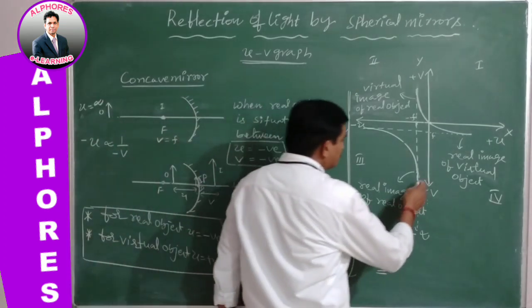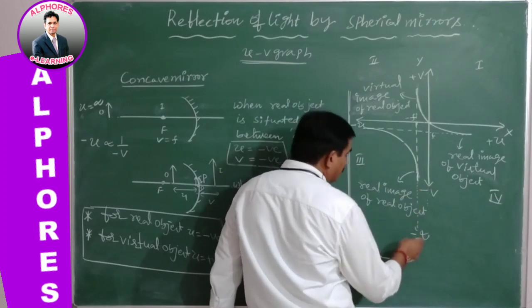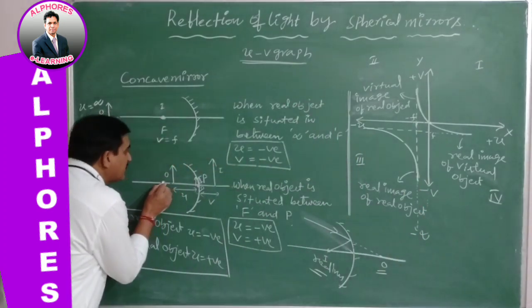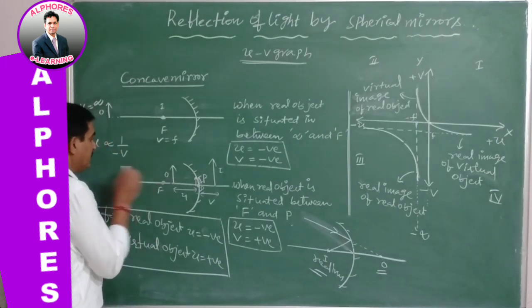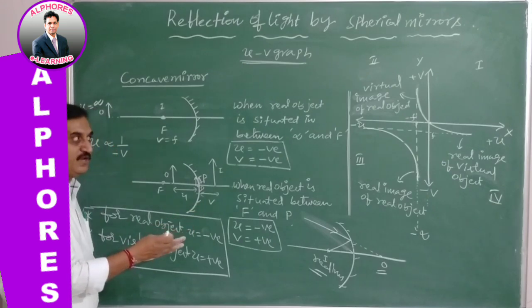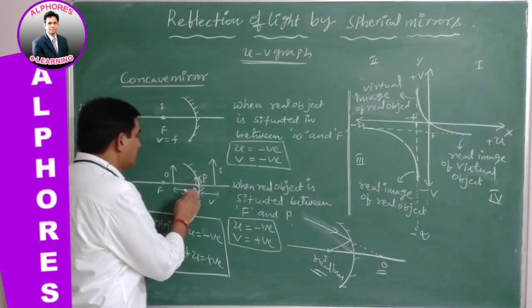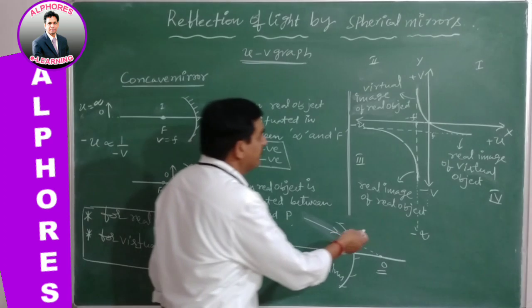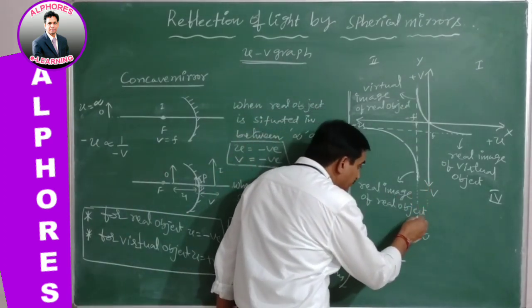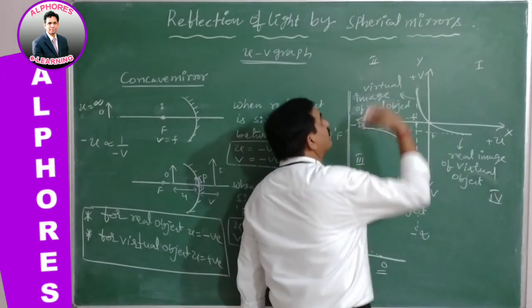Further, if the object is moved slightly inside, the image formed converts from real into virtual all of a sudden, forming behind the concave mirror. Therefore it gives a discontinuous curve, which suddenly and abruptly changes.